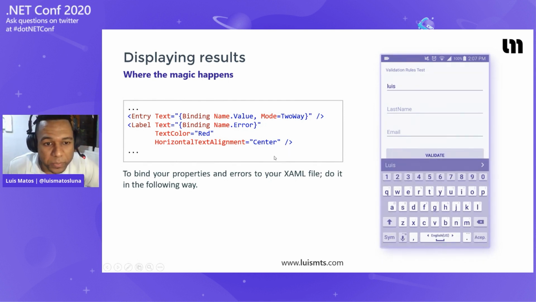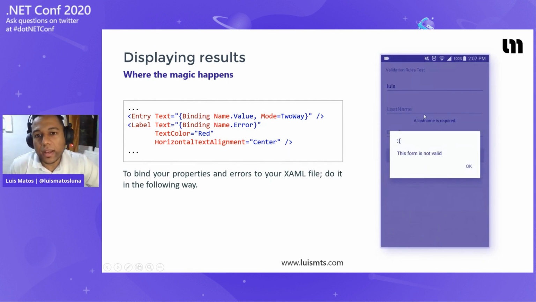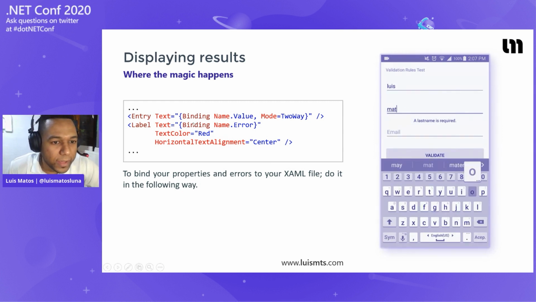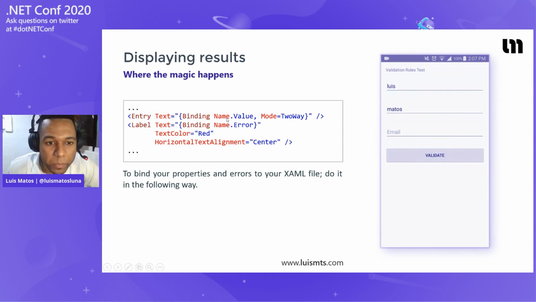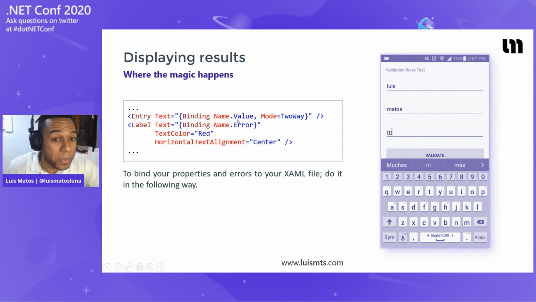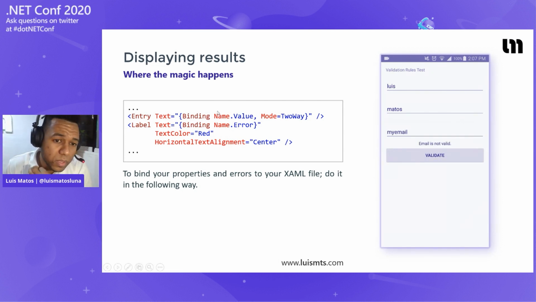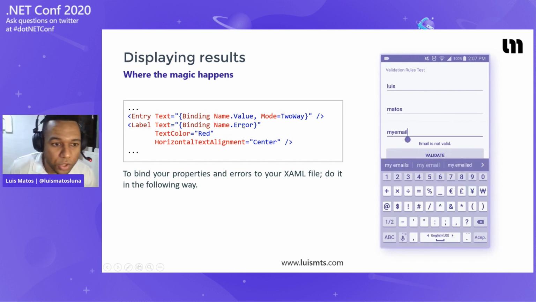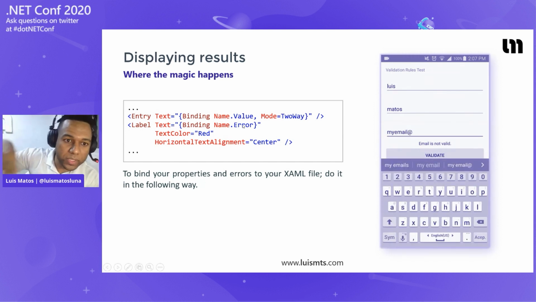Here I have an example, and you can see that I'm binding my properties with the value, because you can bind your property directly. You have different properties inside your property.